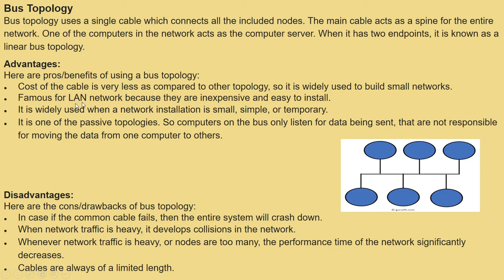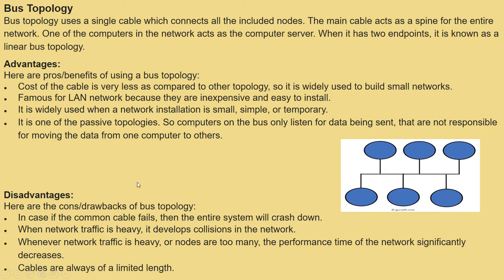It is famous for LAN networks because they are inexpensive and easy to install. Whatever LAN connection you make in terms of bus topology costs less. It is widely used when a network installation is small, simple and temporary. It is one of the passive topologies, so computers on the bus only listen for data being sent.